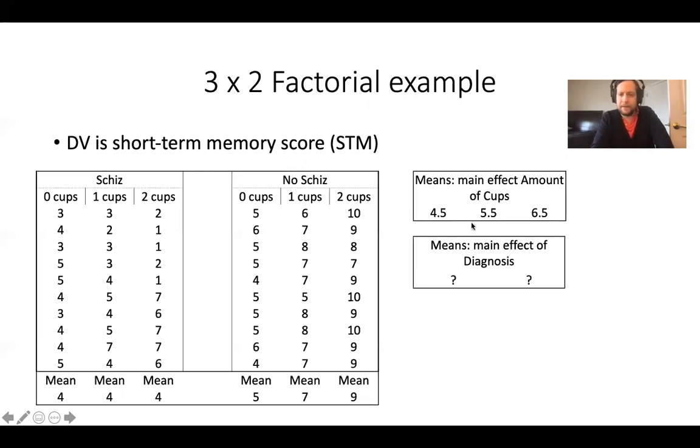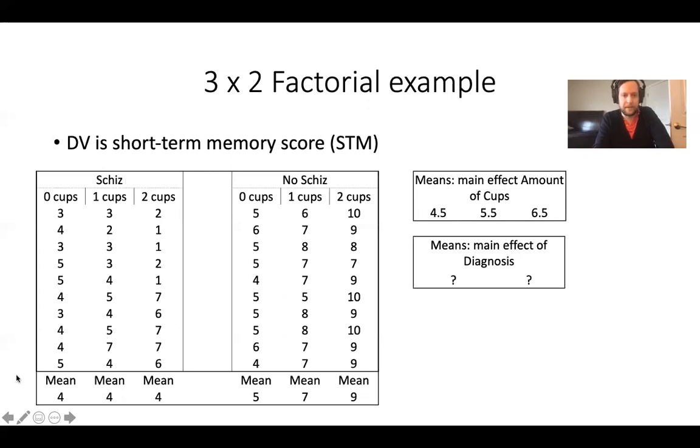And so I am giving the answers for the main effect of cups of coffee right here. These are the 3 means that are compared. The numbers in here are the short-term memory scores for people classified in each of these conditions. These are people who have schizophrenia that drank 0 cups of coffee; these are their short-term memory scores. People with schizophrenia that drank 1 cup of coffee, these are their scores, and so on and so forth.